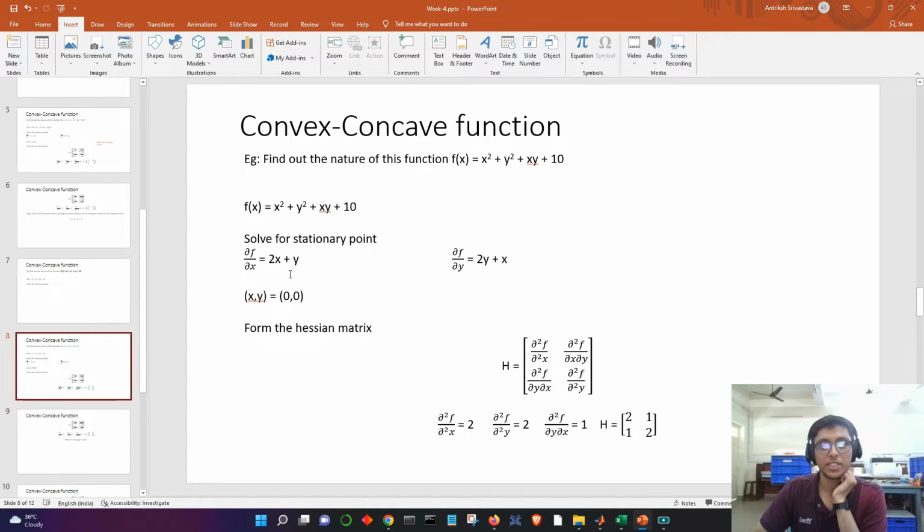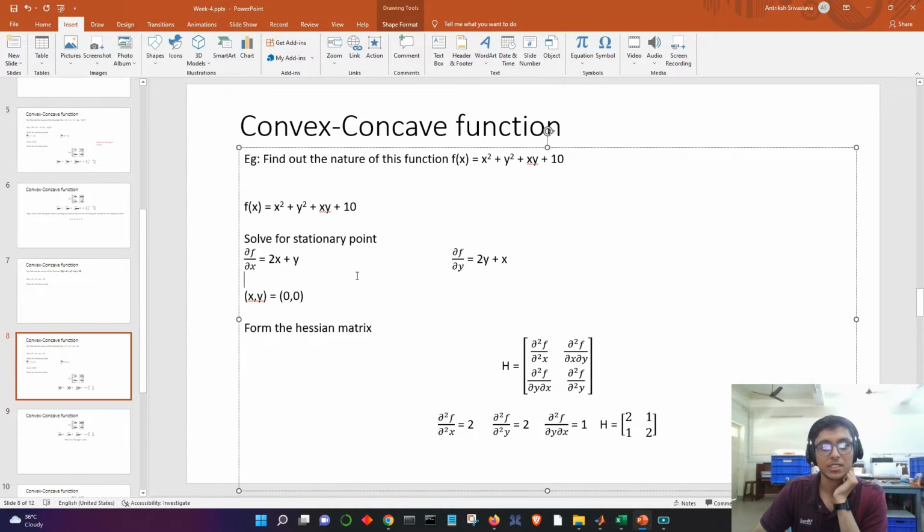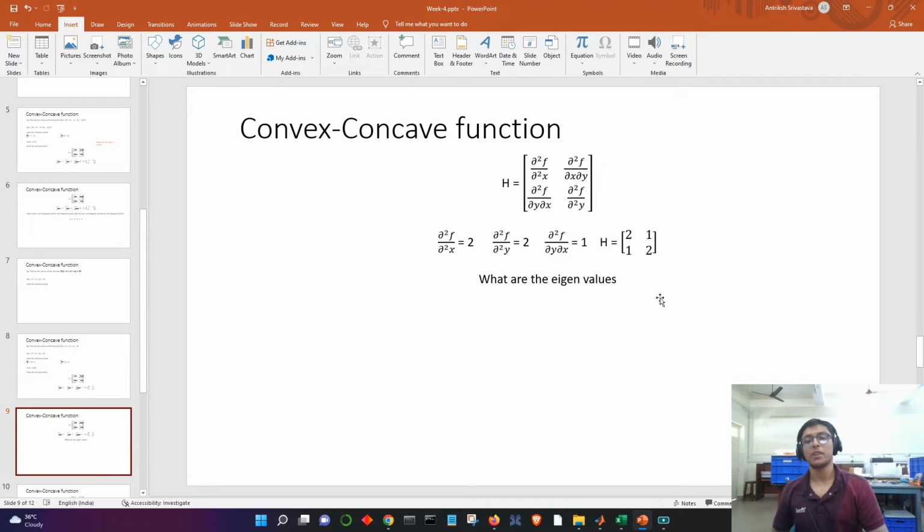When we differentiate partially with x, we get 2x plus y, and partially with y, 2y plus x. Then the stationary point is 0, 0, and then we make the Hessian matrix. We get a symmetric matrix 2, 1, 1, 2. What I want from you guys is the eigenvalue of this particular matrix.